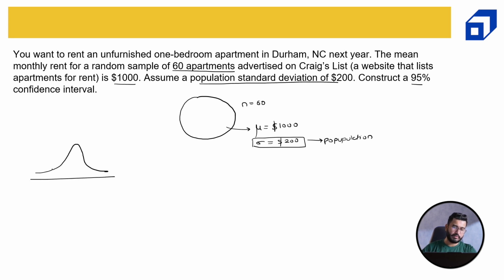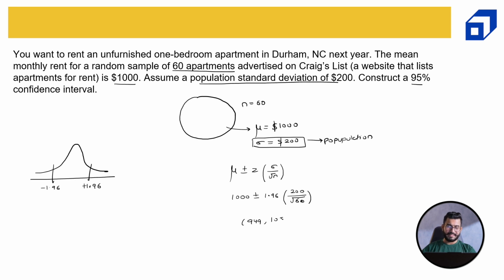So the z values are minus 1.96 and plus 1.96. So we will just apply the formula: mean plus minus z times sigma divided by root of n. Mean is 1000 plus minus 1.96. Sigma is 200 divided by root of 60.